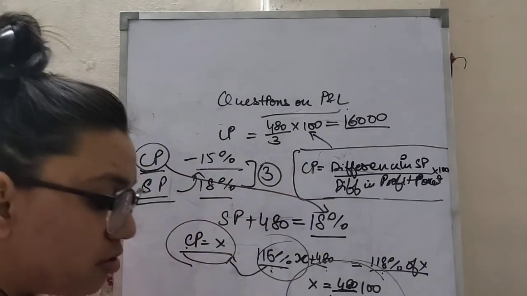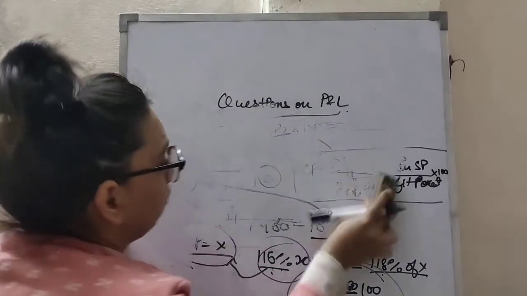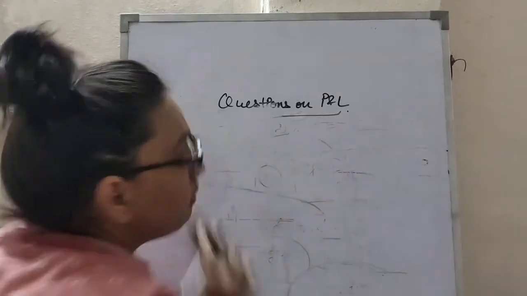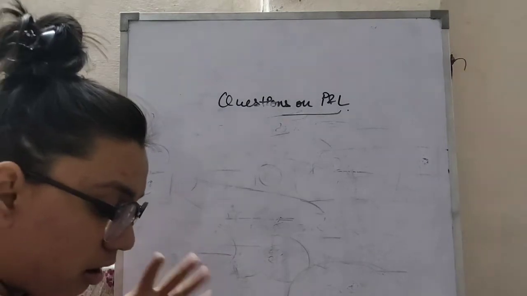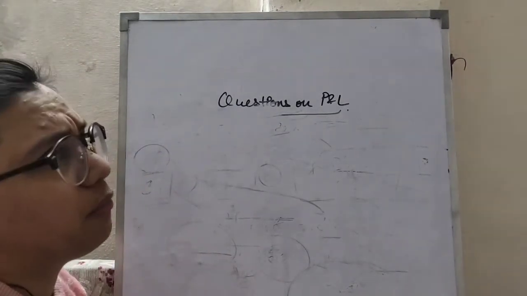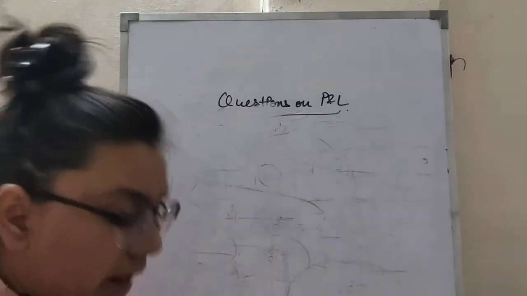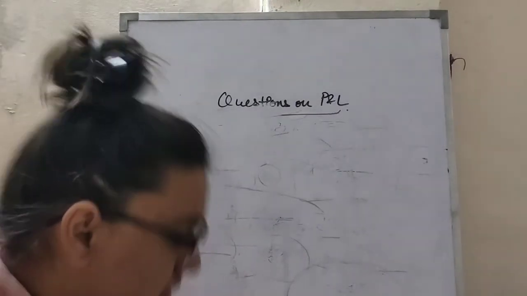Okay, coming on to the next type of question. Herein we will be using a shortcut method where we can calculate the actual price, what will be the sold price or SP, so that the working is easier.